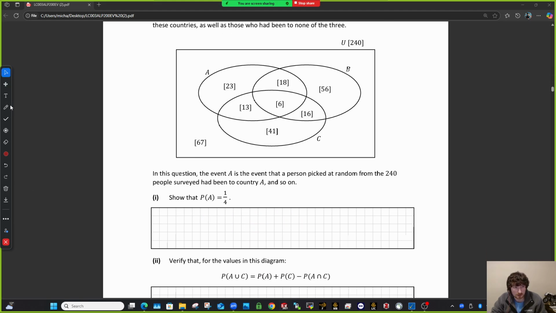Verify that this works. So look, A union C, I'm not going to do it, is I add up all of those numbers, right?